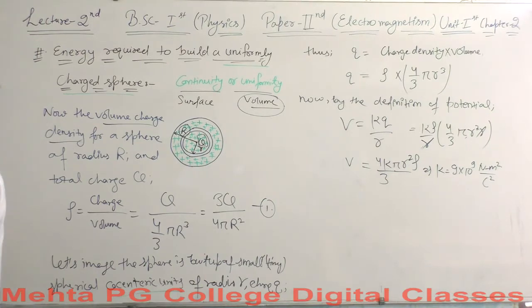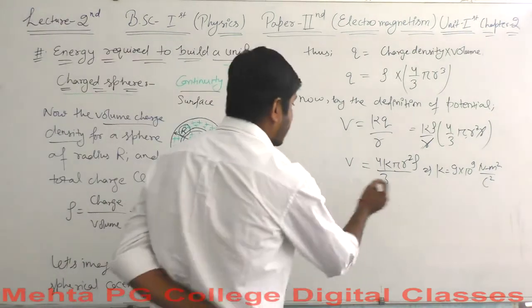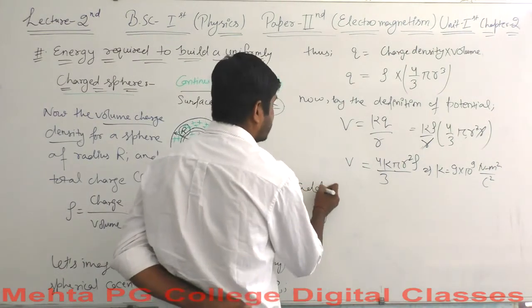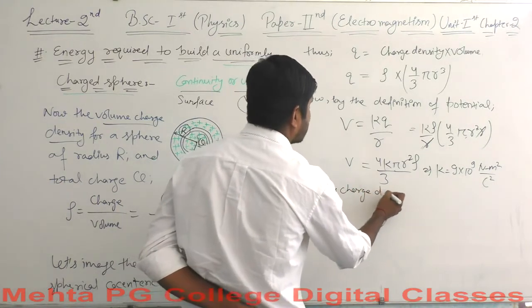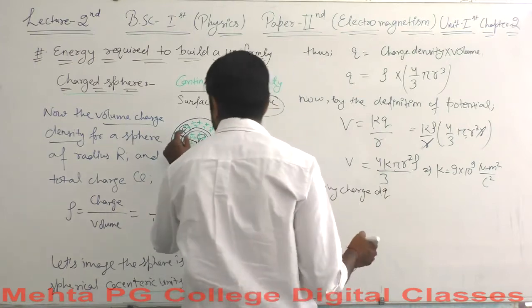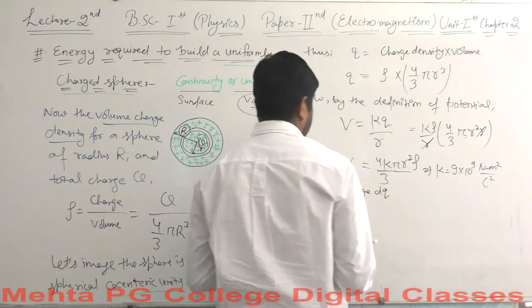Okay, so now we need a value of charge here. We will introduce a new value here, saying that adding charge dq, this is the spherical shell we are going to consider by now.